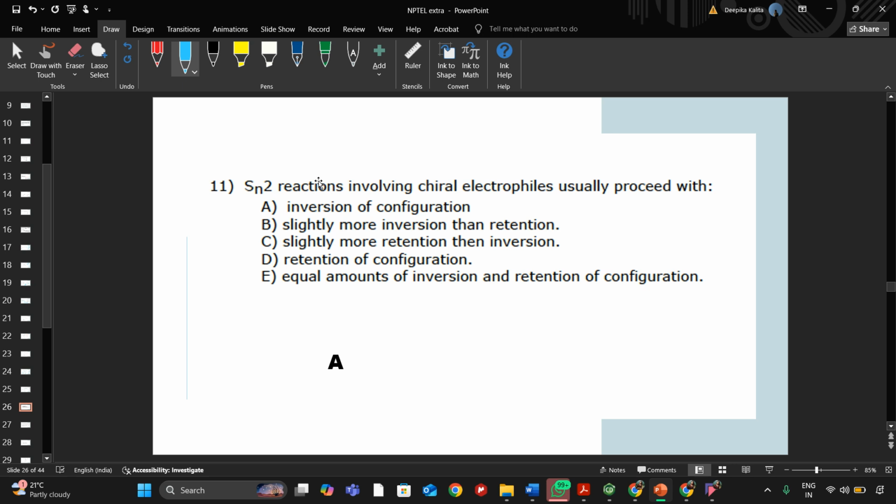Since we have carbocations involved in the SN1 mechanism, because of that, we get inversion as well as retention.